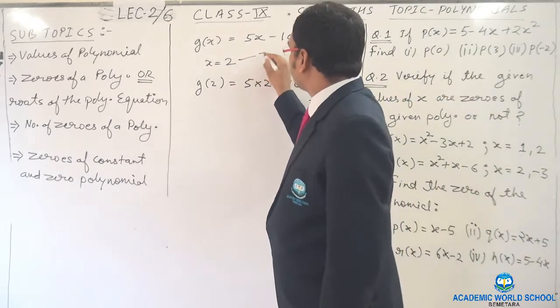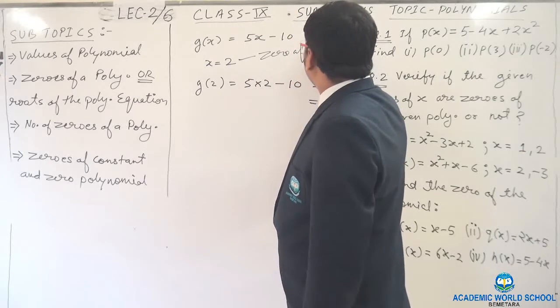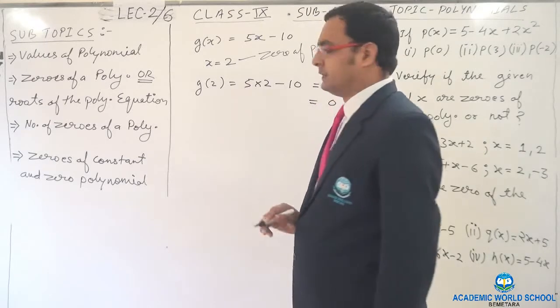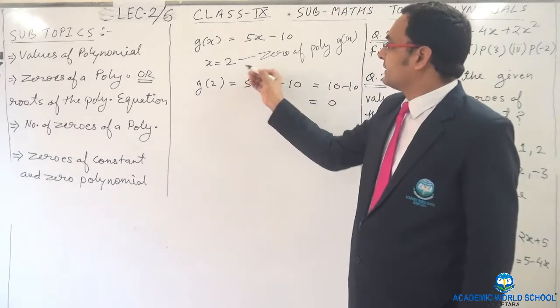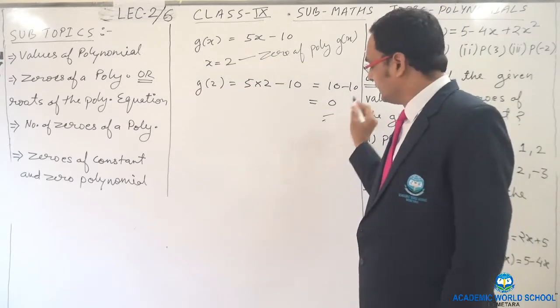This is zero of polynomial g(x), because by putting x equal to 2 we get the value of this polynomial equal to 0.